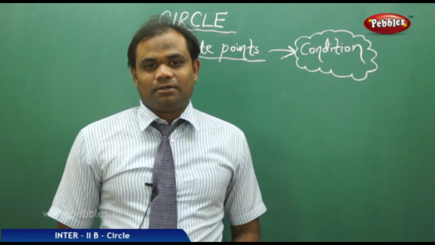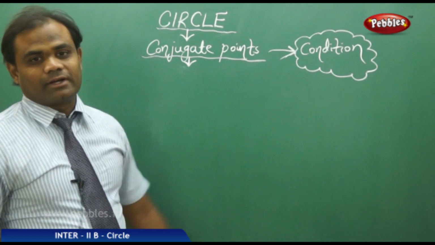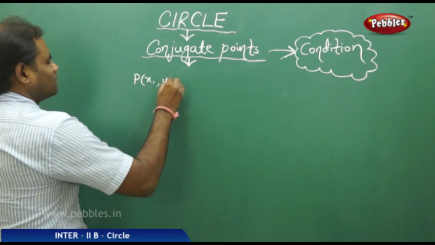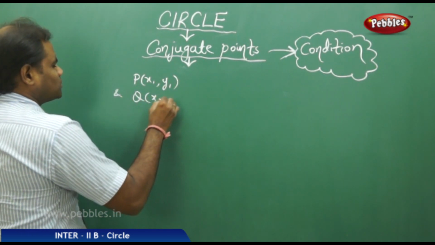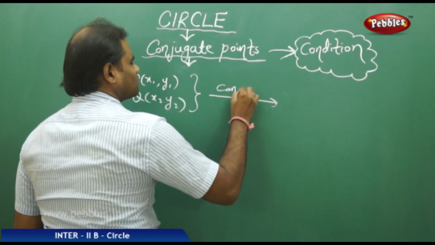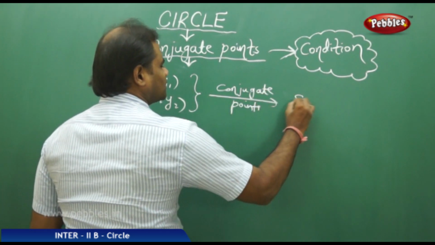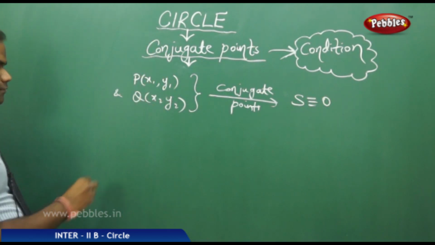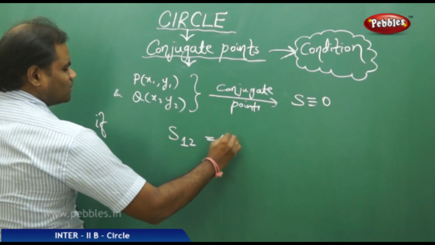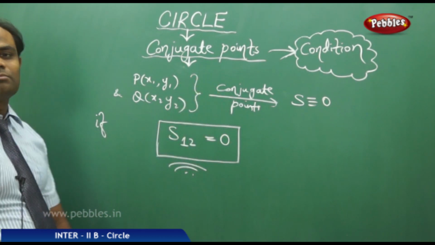Now let's see the condition for 2 points to be conjugate. So conjugate points with their condition. P x1, y1 and Q x2, y2 are said to be the conjugate points for the circle S equal to 0 if S12 is equal to 0, which is the condition for conjugate points.